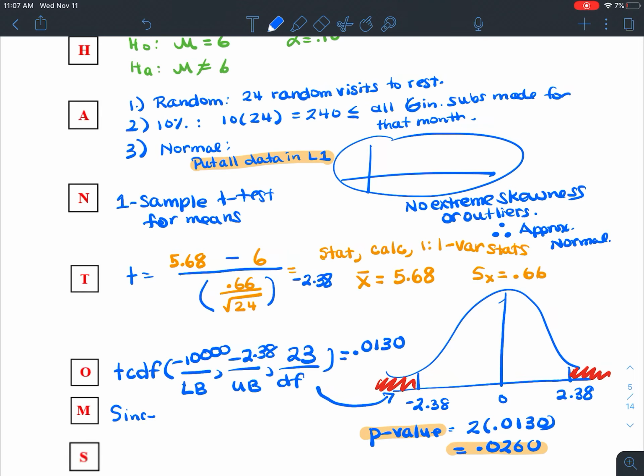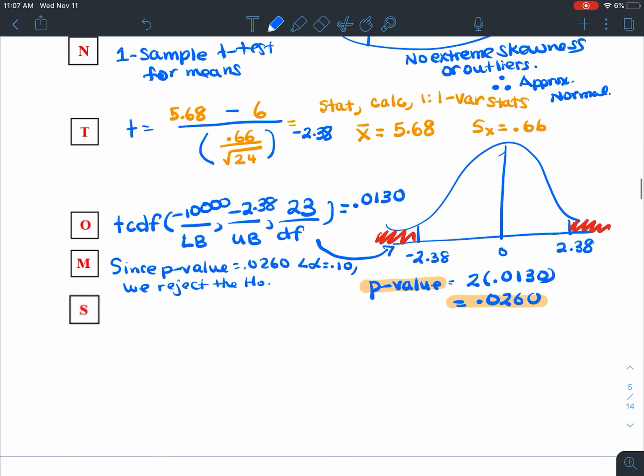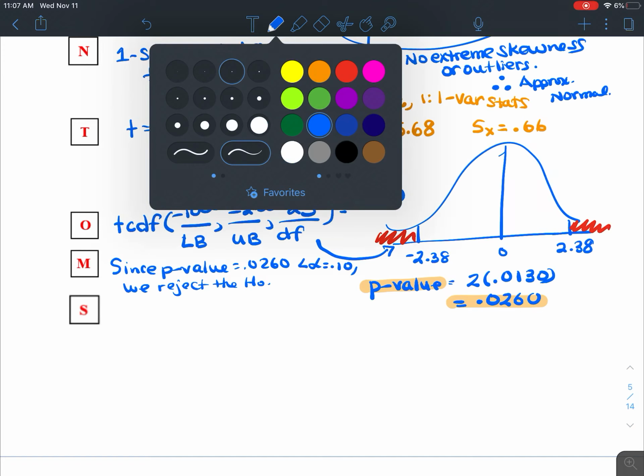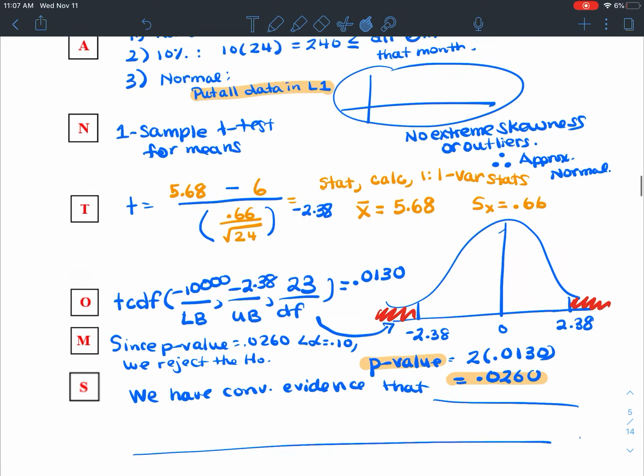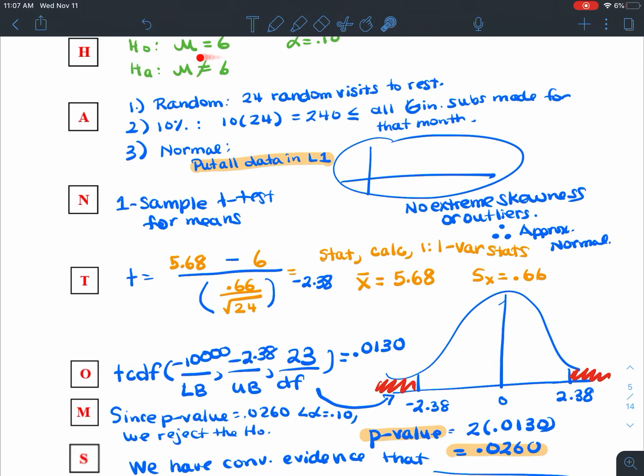I'm going to go ahead and make my decision then. Since the p-value of 0.0260 is less than the alpha level of 0.10, we are going to reject the null hypothesis. So our conclusion: we have convincing evidence that, remember what comes after the word that is going to be a description of our alternative hypothesis, written out in words.